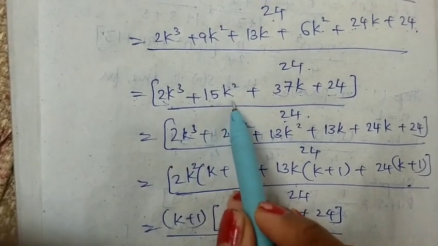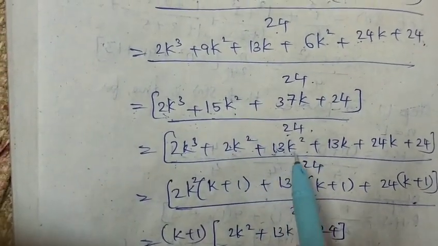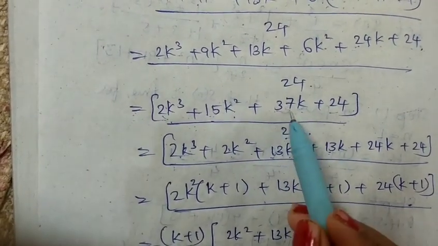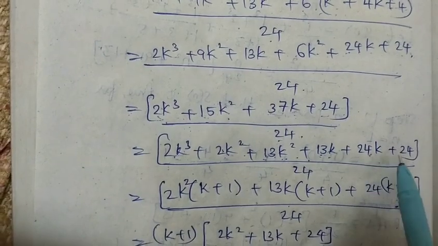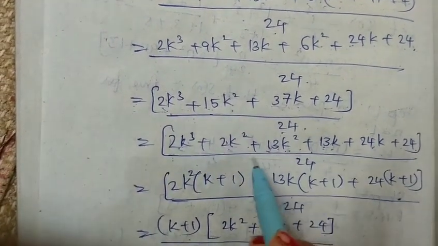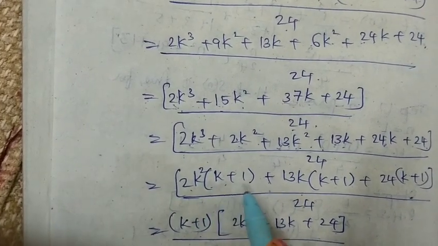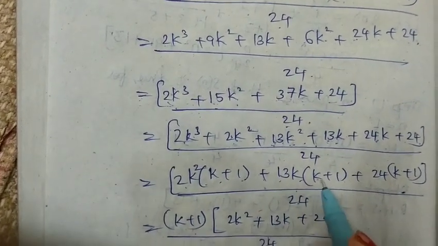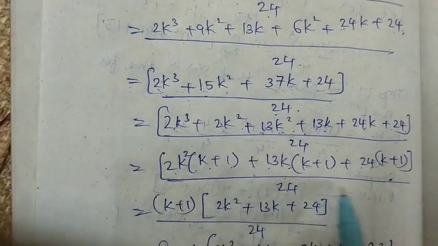You are splitting 15k square as 2k square plus 13k square. So here you got 13k, and from this 37k you take 13k, and you will remain with 24k plus 24. So now if you take common, you will get 2k square into k plus 1 plus 13k into k plus 1 plus 24 into k plus 1 divided by 24.